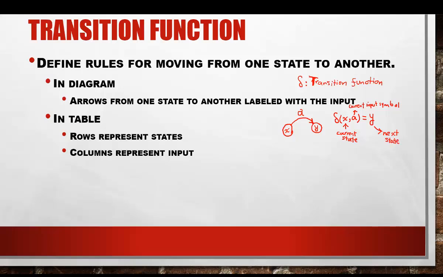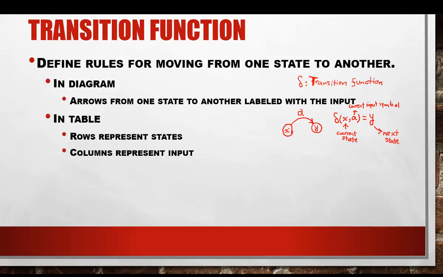So this formal notation, delta of x comma a equal y, effectively acts as a mathematical shorthand. It basically tells us that if your state machine is in state x and it reads A, it goes to state y.